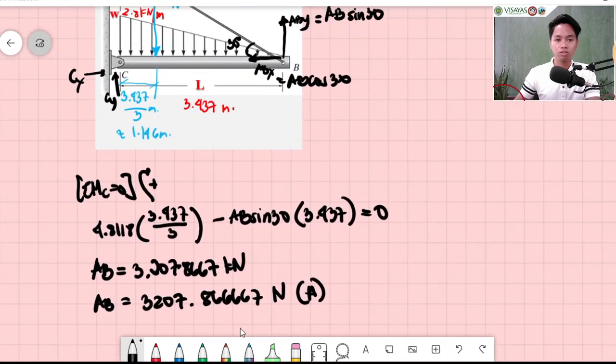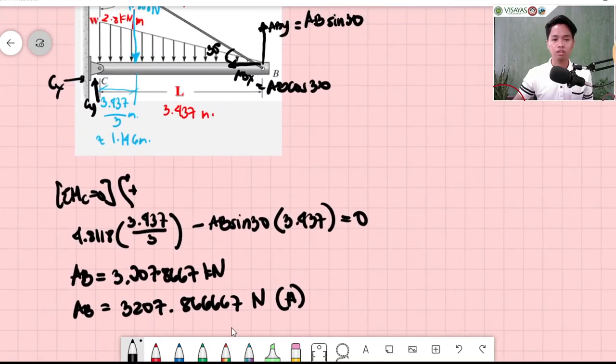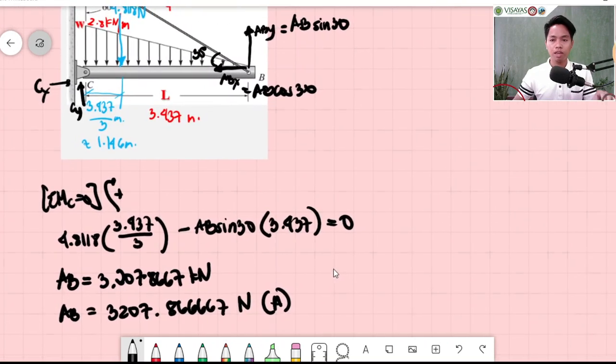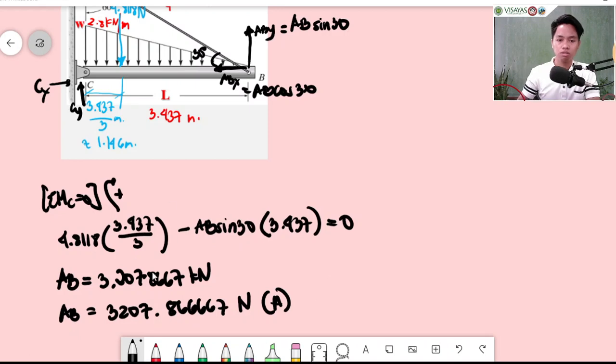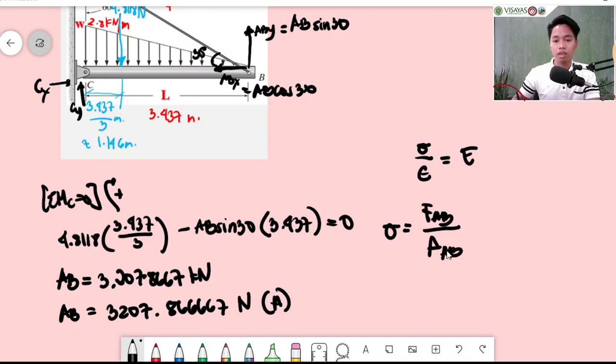So we can now determine the elongation. Let's use Hooke's law. Your Hooke's law is simply your stress over your strain is equal to your E. Your stress would be your force AB divided by the area of wire AB.